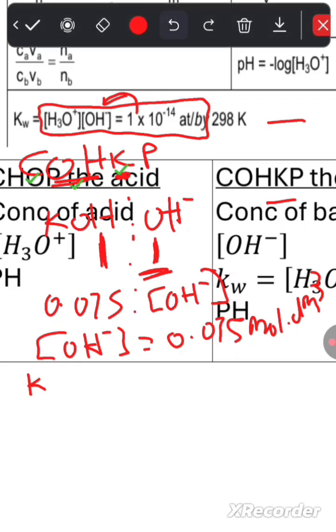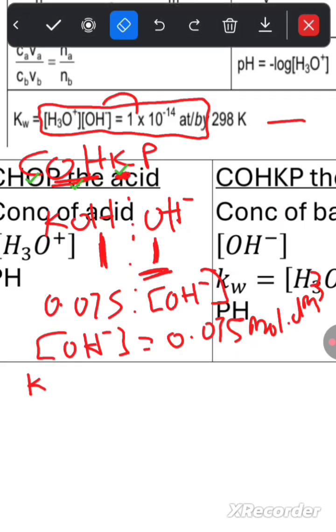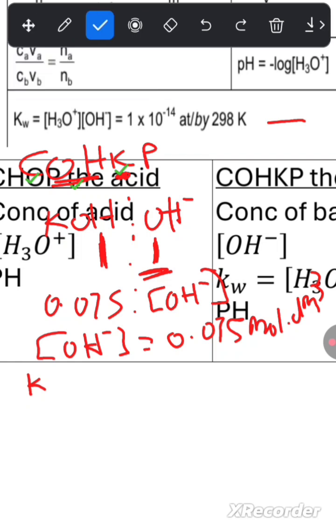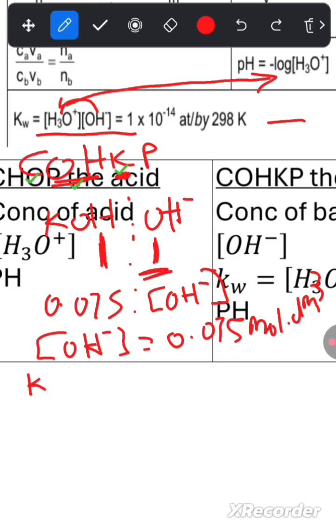So that's what needs to happen. We'll get there, then we come to the pH formula there. Right. So that's what we're going to do. This is the KW formula.